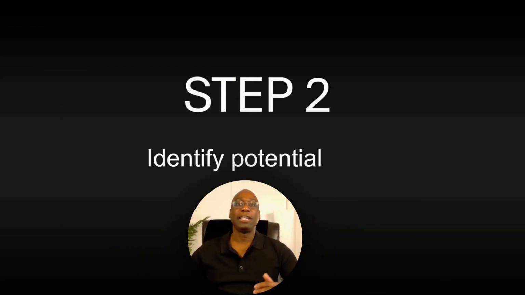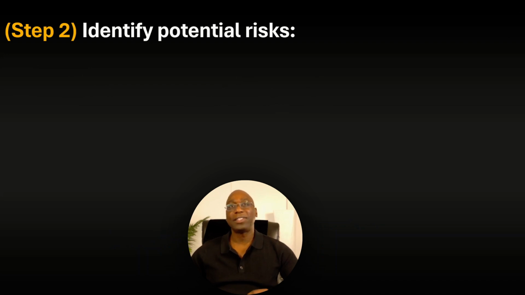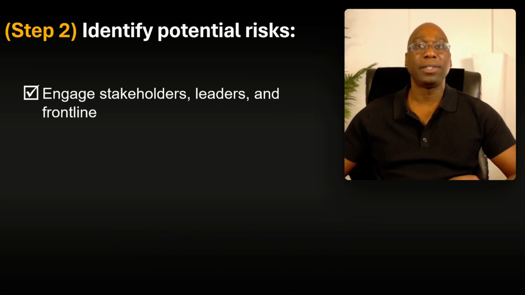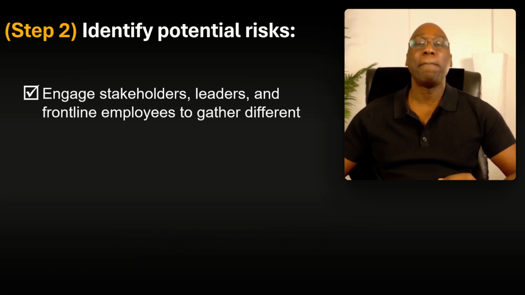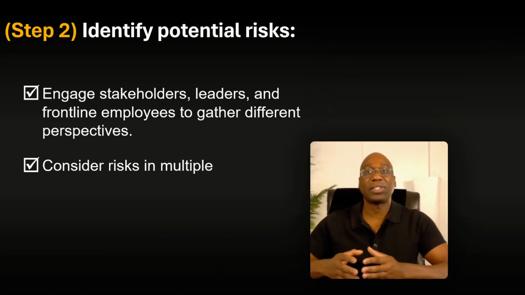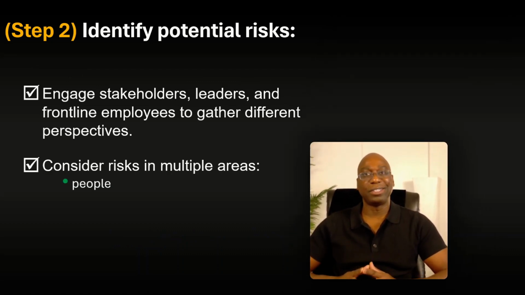Step number 2 involves identifying potential risk. So for this step, you want to engage stakeholders, leaders, frontline employees, and any impacted users to make sure that you can gather the different perspectives. You also want to consider risk in multiple areas.